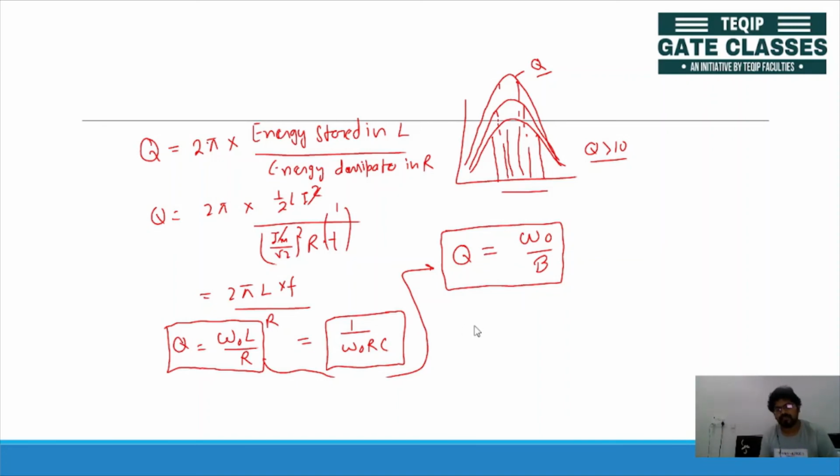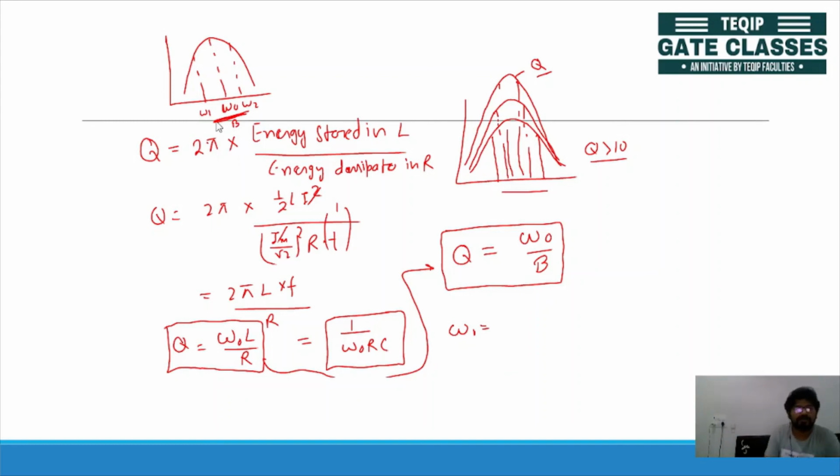Okay, and one more relation you can establish: the values of half power frequency, that is omega 1, in terms of bandwidth and omega naught. What you can say from the diagram, if this is your omega naught, and this is your omega 1, and this is your omega 2, and this is your bandwidth, omega 1 with omega 2.